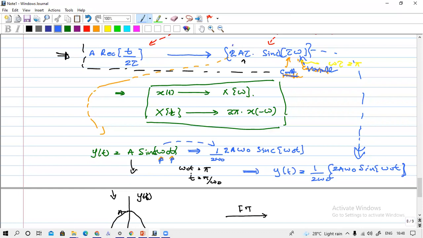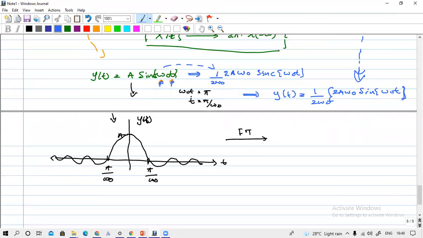We just replace this ω by t. So we can use the duality property.